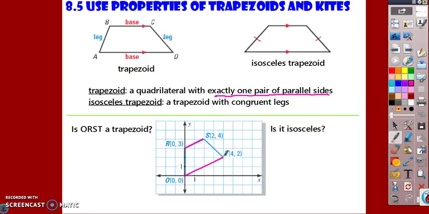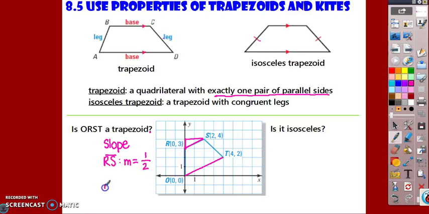How can we check for parallelness? Well, we could check the slope and see if they have the same slope. So let's find the slope of RS. It looks like it goes up 1 over 2. Or you could use the slope formula if you want to.